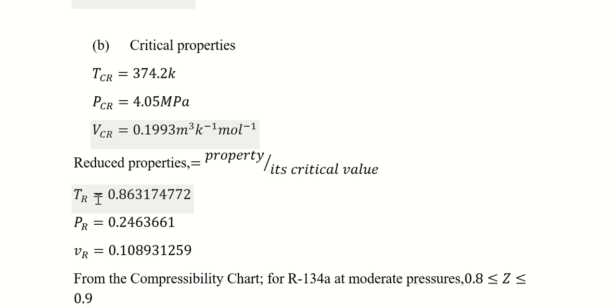Now we divide: 323 divided by 374.2, which gives us 0.8631747772. The reduced properties don't have units because you're dividing temperature by the critical temperature, so the Kelvin cancels.